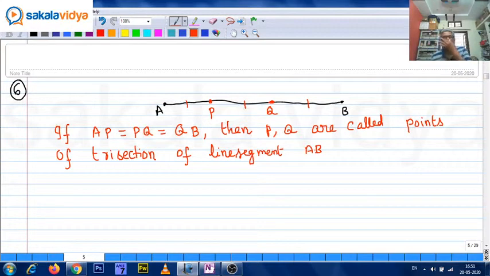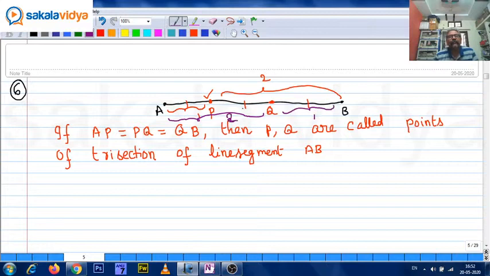Now we need to find the ratio. For example, this part is 1, and 1 plus 1 is 2. That means P divides AB in the ratio 1:2. You get the first point of trisection. If you want to find Q, I will show it with a different color. Now AQ is two parts and QB is one part. So Q divides AB in the ratio 2:1. So we get two points of trisection.